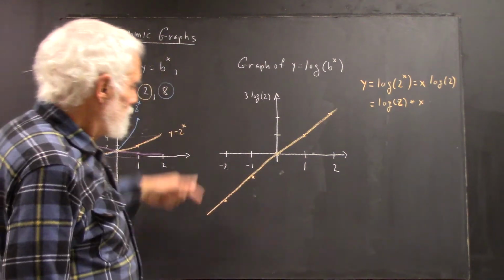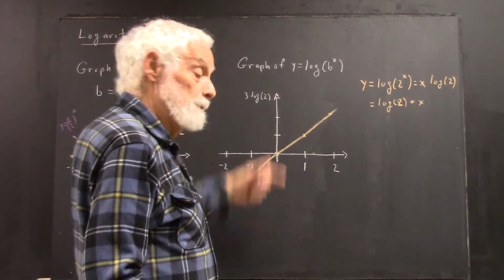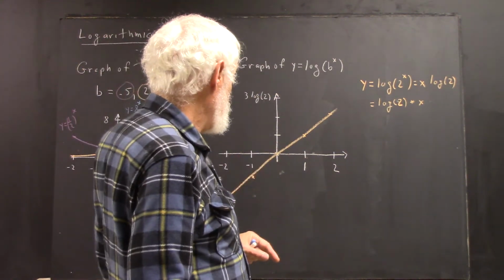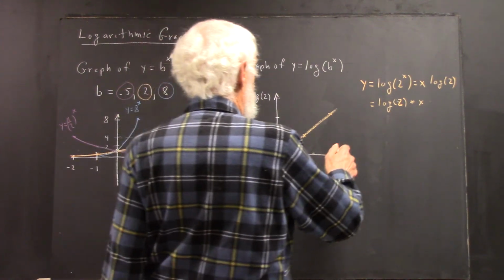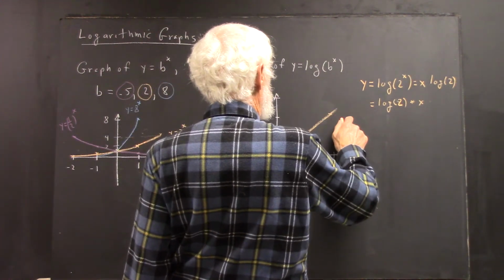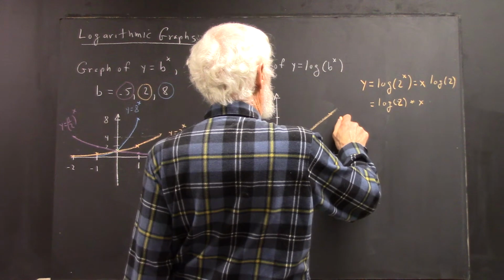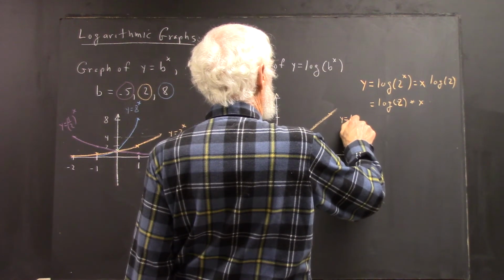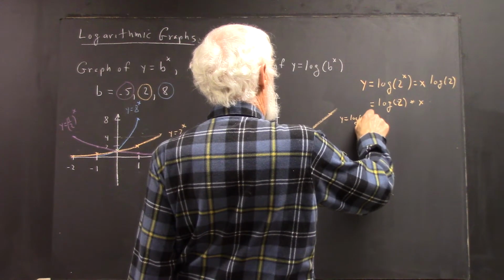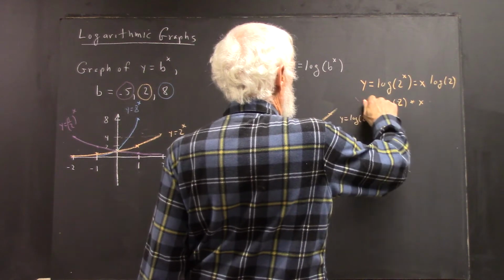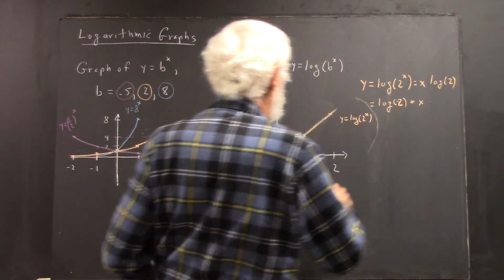We have a more or less straight line through the origin. This is the graph of y equals log of 2 to the x.